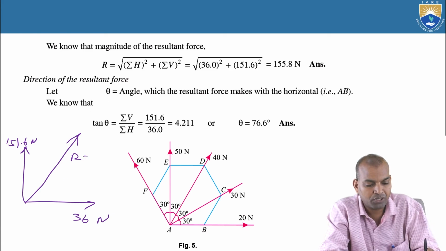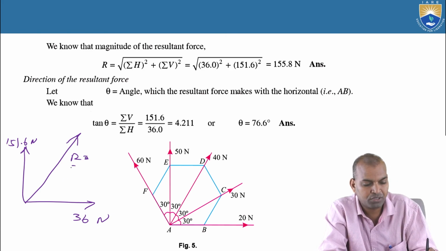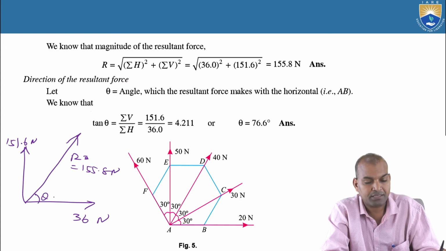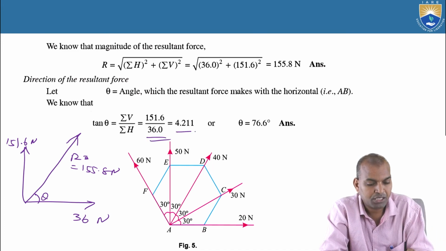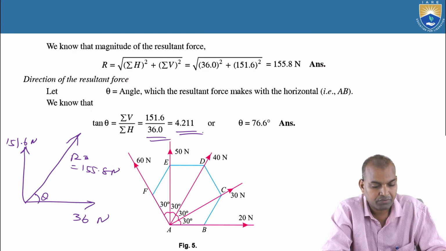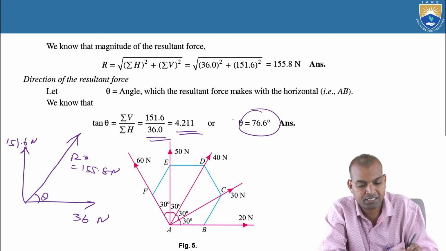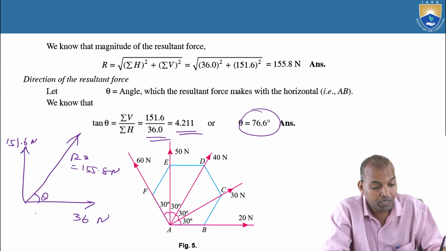R equals the square root of sigma h squared plus sigma v squared, and the value obtained is 155.8 newtons. What about theta? Theta equals tan inverse of 151.6 by 36. That is 4.211, the value of tan theta. Theta equals 76.6 degrees. What is the value of theta? 76.6 degrees.